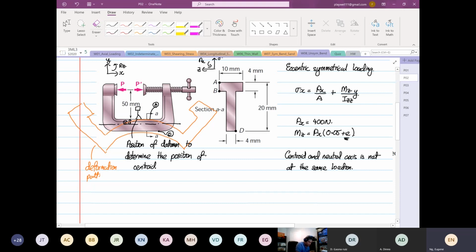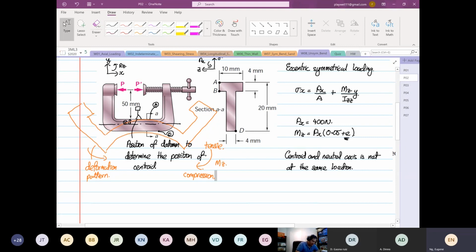So that's our deformation pattern. So we know that it will be acting this way. This is our moment arrow. So this is going through compression. And this is going through tensile. Okay. Due to bending. So this is bending about the z-axis.